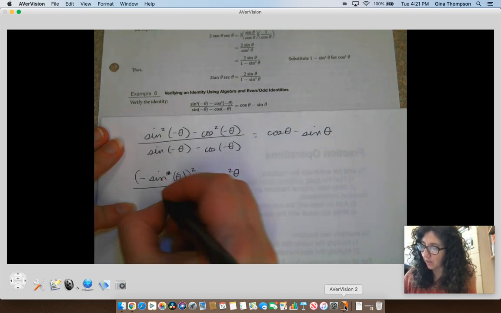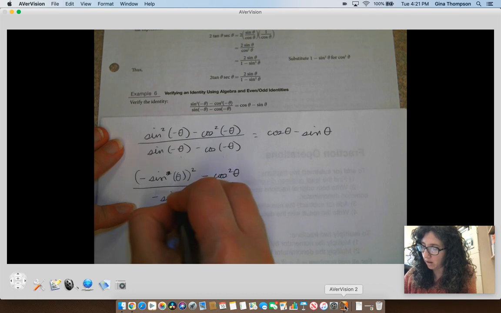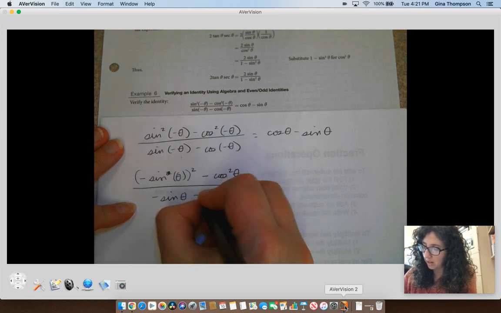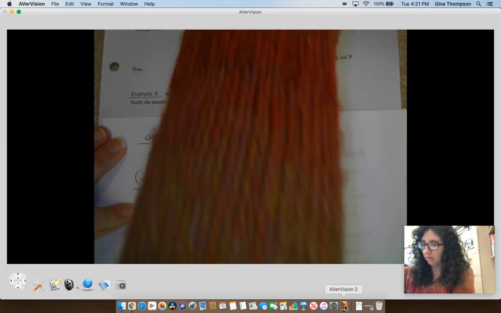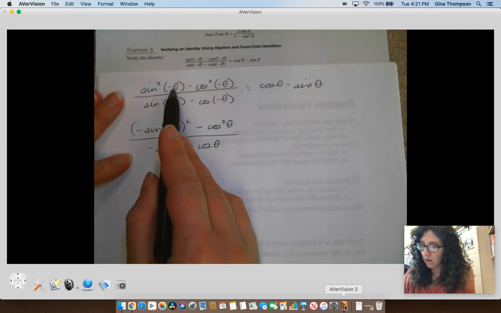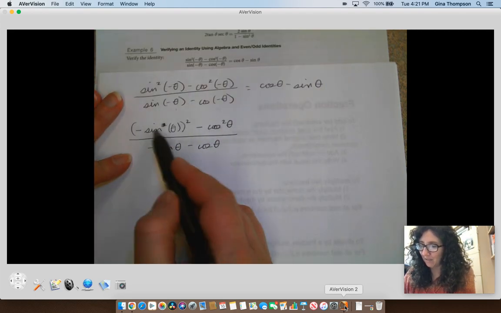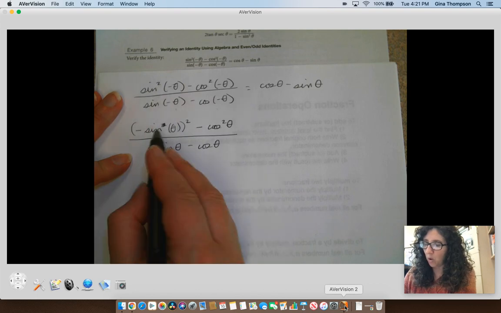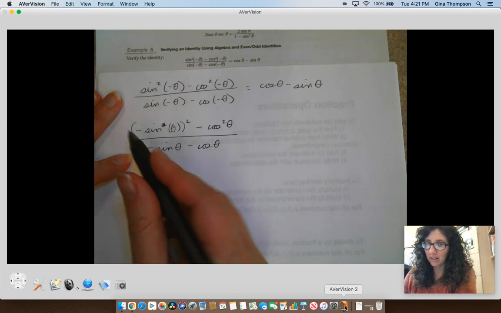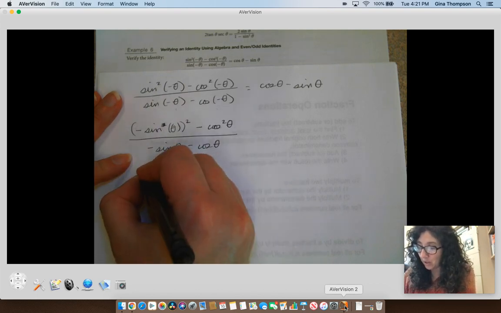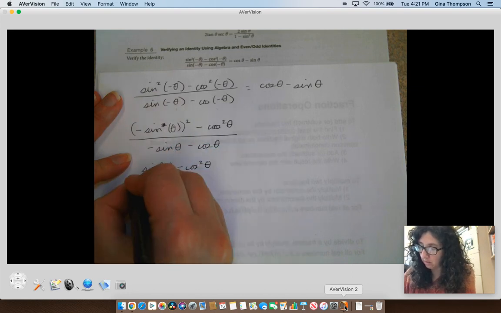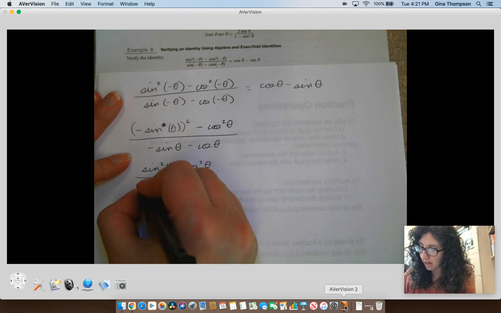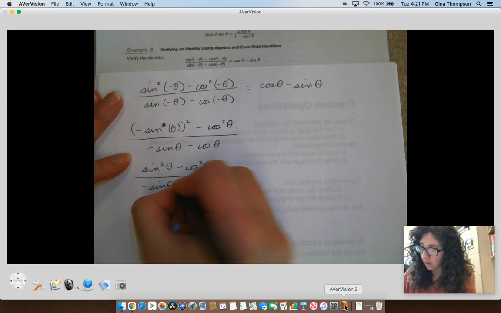Sine of negative theta is negative sine of theta, and this is minus cosine of theta. Does that make sense? So I'm using the fact that sine is odd, but the way I'm writing it, I have to write the whole thing as negative sine theta squared, because now this is going to become sine squared of theta minus cosine squared of theta over minus sine theta minus cosine theta.